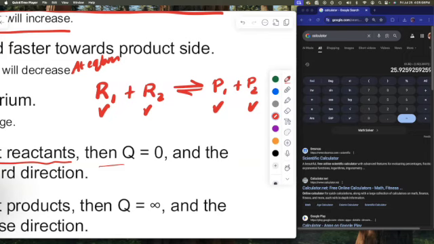The reaction has to be at a place where the amounts present are constant. So if you're starting a reaction with only reactants, right? And there's no products yet, but the goal is to get to equilibrium. You have to make products first and then get all the chemicals to be constant before you can actually get to equilibrium. So the reaction has one direction to go. It will go to the right first, right? Correct. Make products, product one and product two.